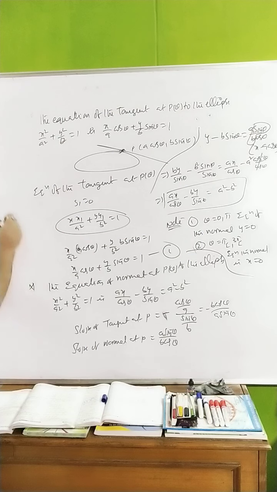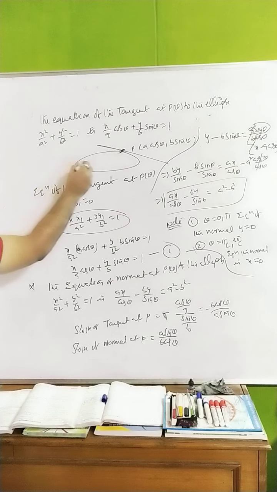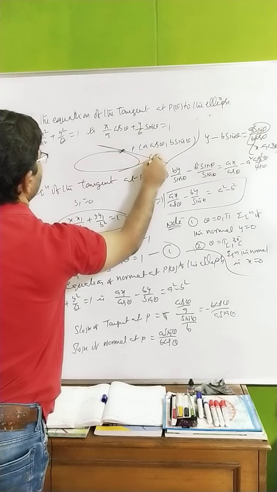Related to tangent also I want to tell you, suppose we take the point of intersection of 2 tangents, let us say there is one more tangent, this point of intersection you want to find.